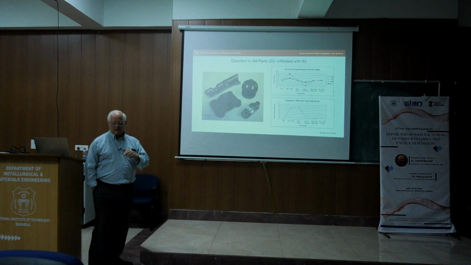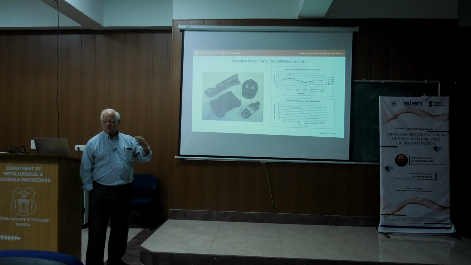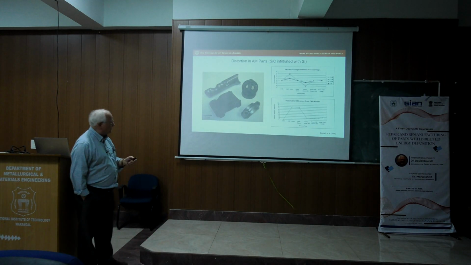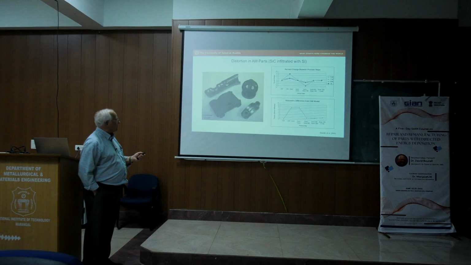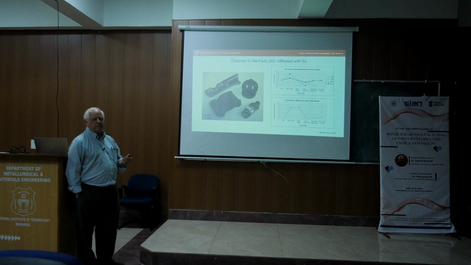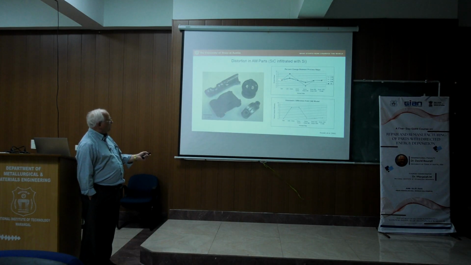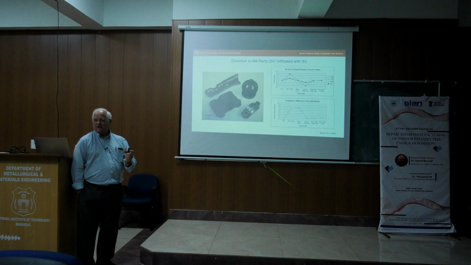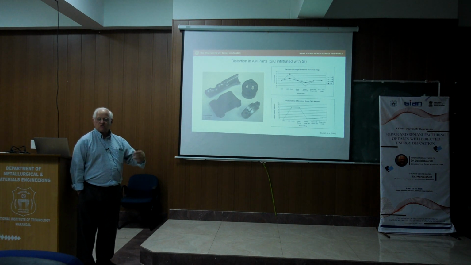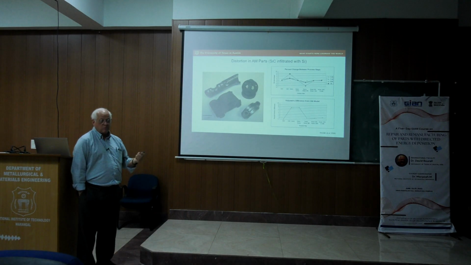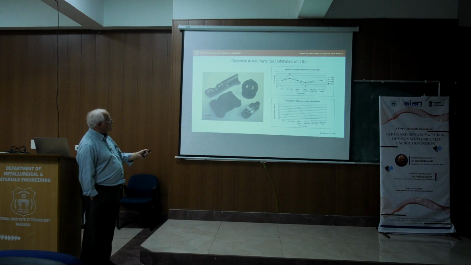So the reason I mentioned that is this is a good example of how the processing steps can impact the distortion. So what we did is we built cubes, which were easy to build. And then we actually measured the change in the dimension in the X, Y, and Z directions as the material goes through these various processing stages. So we start here.